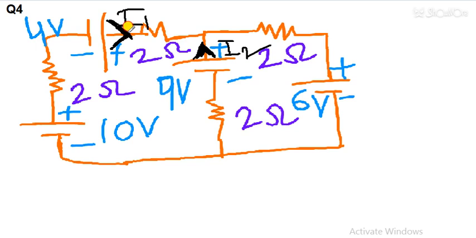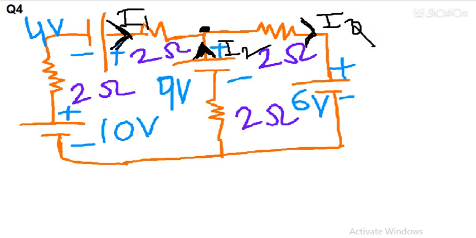Now two currents are coming towards this point, so one current must go away, because it is not possible that all the currents will move in the same direction. I am taking this point as a junction. I2 is moving towards it, and I1 is also moving towards it, so let's assume I3 is going away from it.